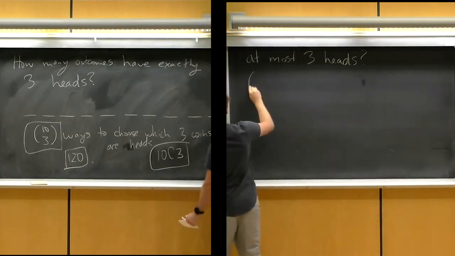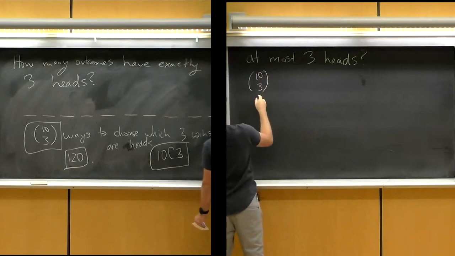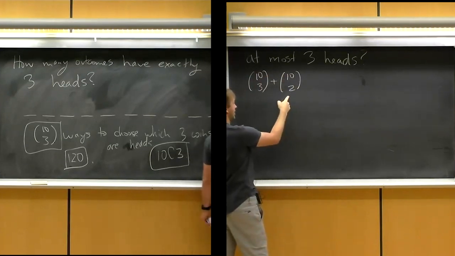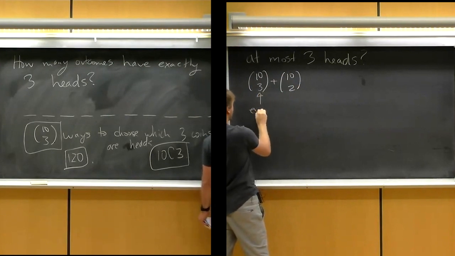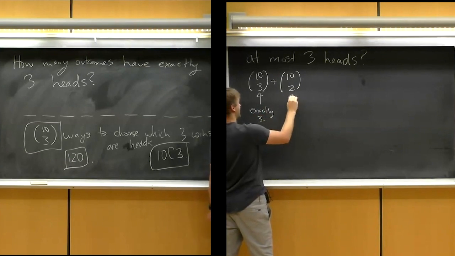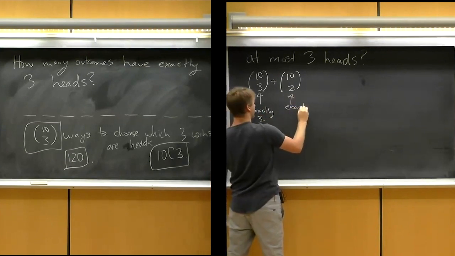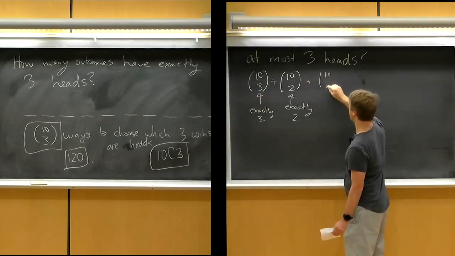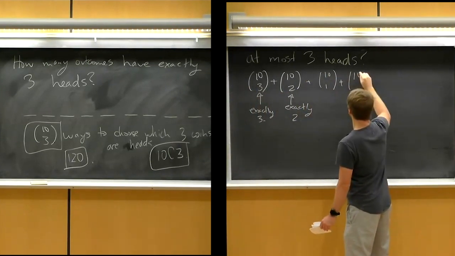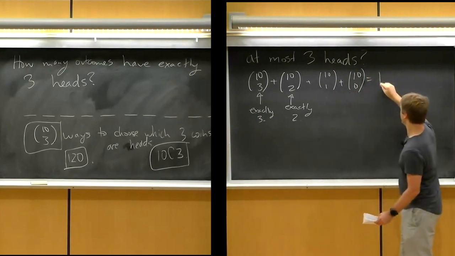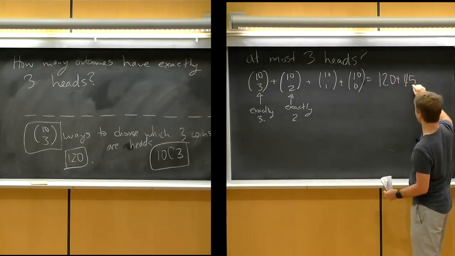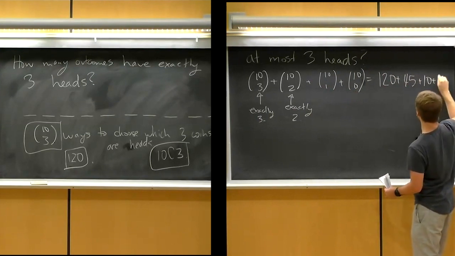So 10 choose 3 would be 3 heads. 10 choose 2 ways to have exactly, so this is like exactly 3. This would be exactly 2. Plus 10 choose 1 plus 10 choose 0, which is 120 plus, I think, 45 plus 10 plus 1.